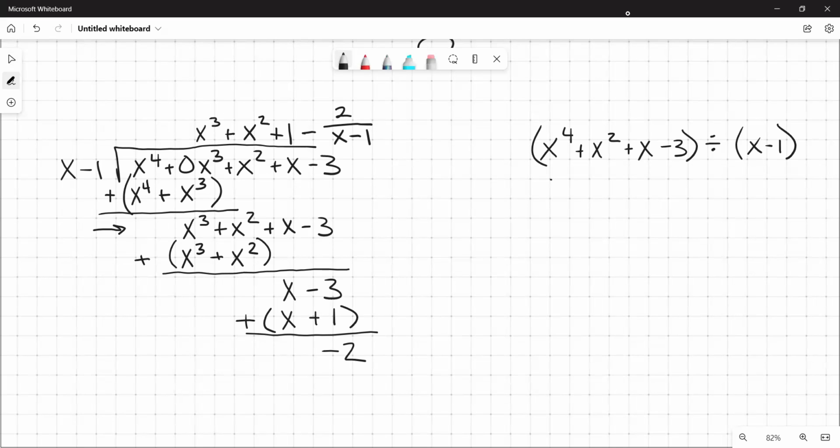Well, because I changed, it was x minus x. And those canceled each other out. I changed this to a positive when I changed this to a positive. I did that keep, change, change technique.